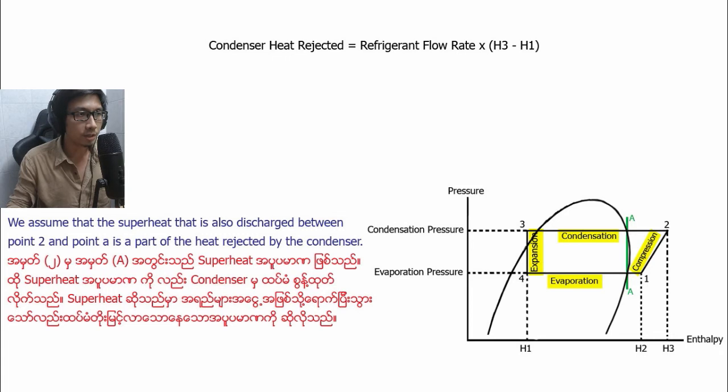We assume that the superheat that is also discharged between point 2 and point A is a part of heat rejected by the condenser.